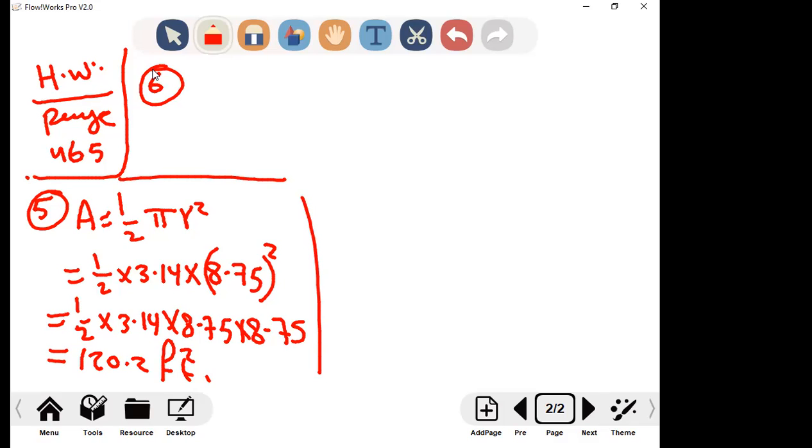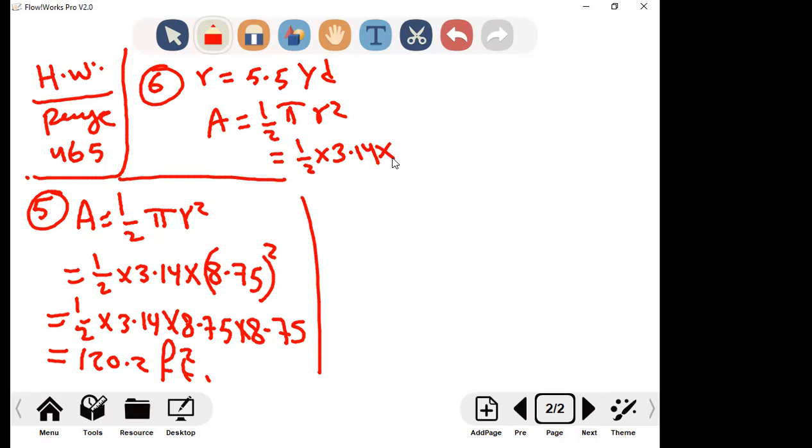A semicircle with radius 5.5. So here the radius is 5.5 yards. A equals half pi r power 2 equals half times 3.14 multiplied by 5.5 all over 2, yani half times 3.14 times 5.5 times 5.5, right?